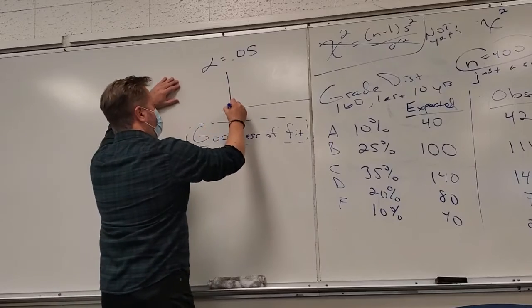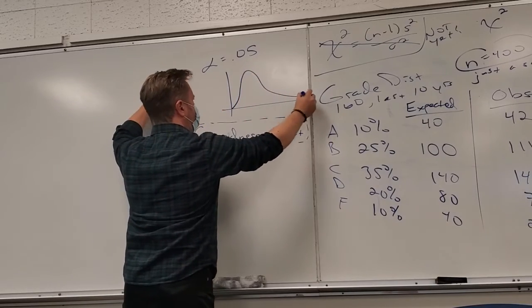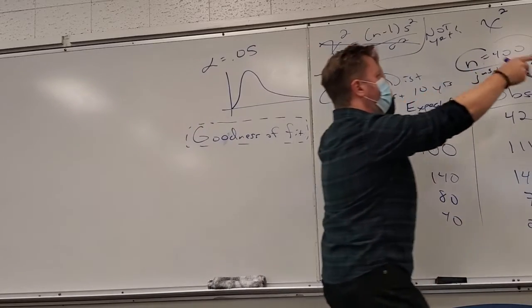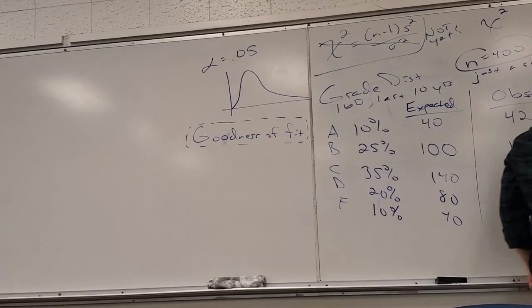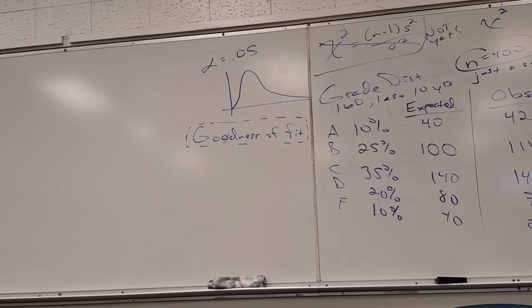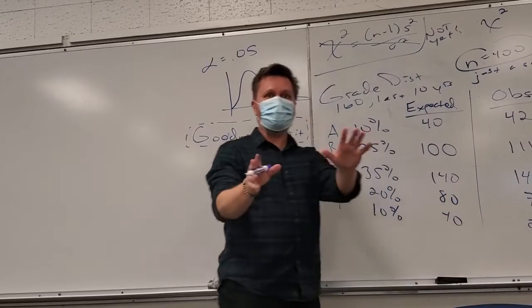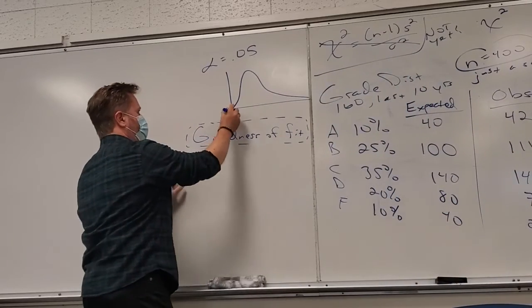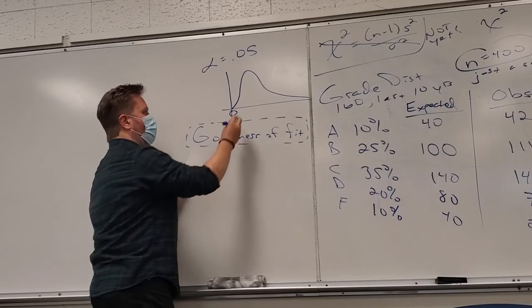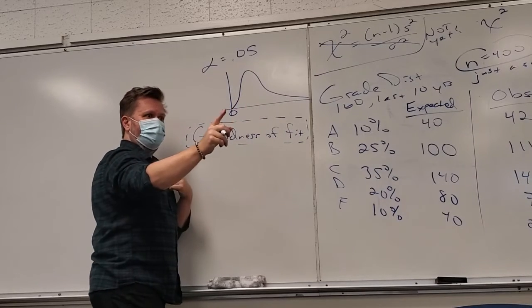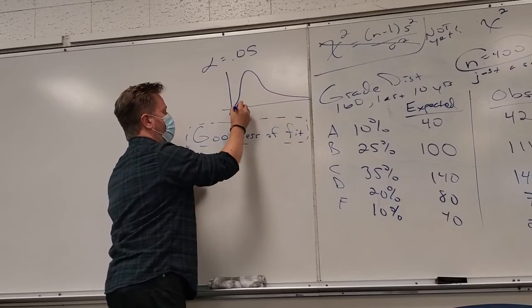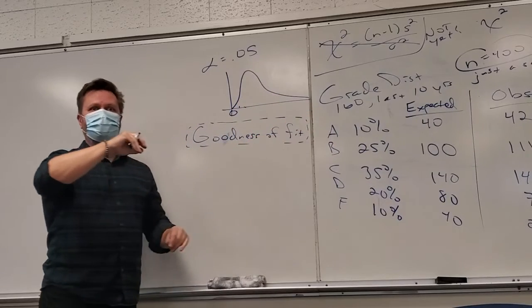So, in this picture, let me see if you guys are cool with this. When would this chi-square be 0? If they were all the same. If this was perfectly the same, yes? That would be right here, yes? But we know that any sample I pick could have some variability in it.